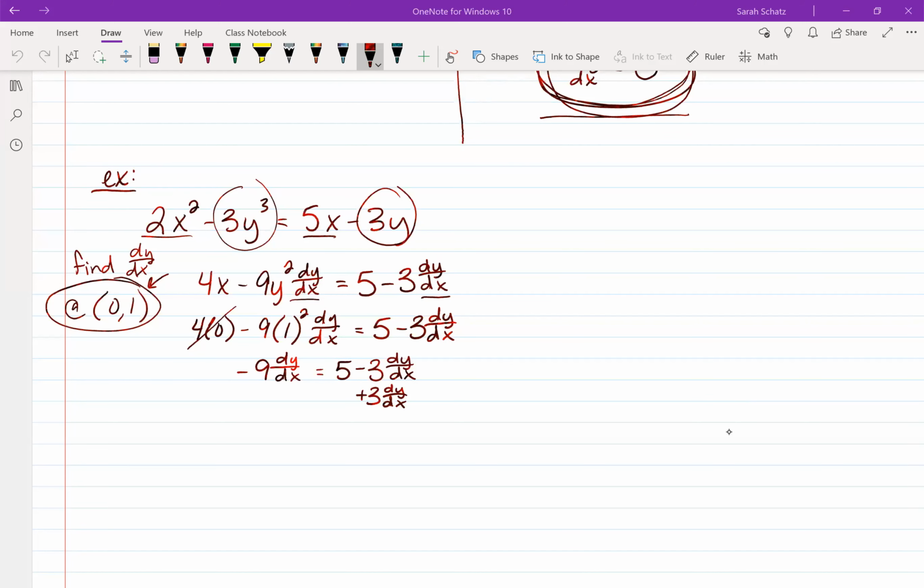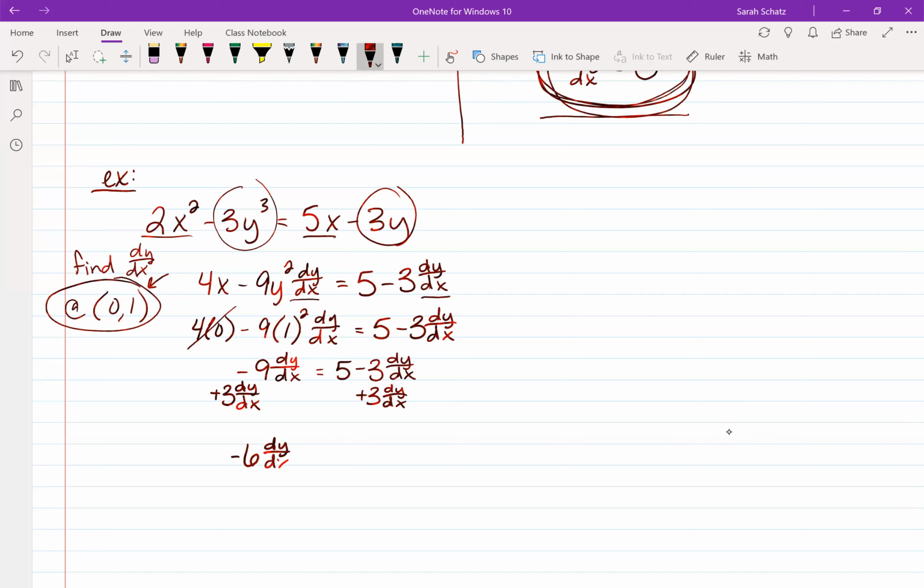So again, you treat dy dx like any other variable. You can add 3 dy dx to both sides. So over here, guys, you have minus 9 dy dx plus 3 dy dx. So minus 9 plus 3, that would leave us with negative 6 dy dx.